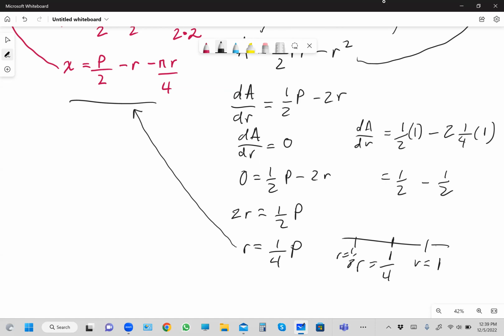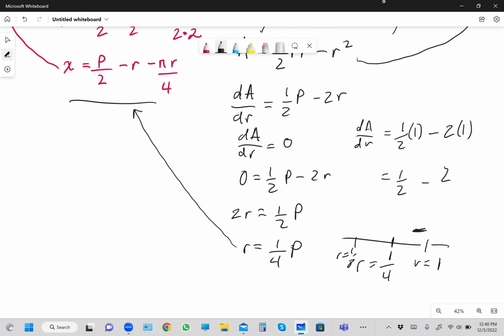So that's half minus 2 times 1. Half minus 2 is what? Is it positive or negative? Negative.